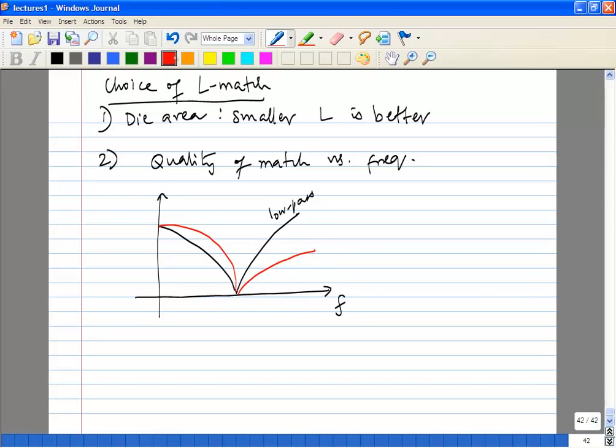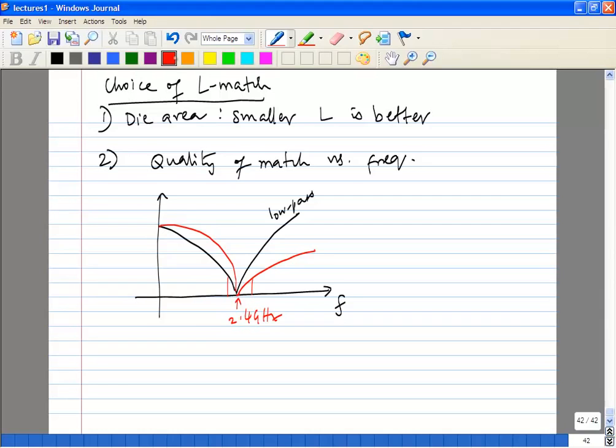So what I'm saying is, you are interested in a certain band around 2.4, so your quality factor of the matching network decides how well it's matched around 2.4. But suppose you are interested in characteristics outside 2.4. Earlier you were interested in, let's say, a 100 megahertz bandwidth around 2.4.